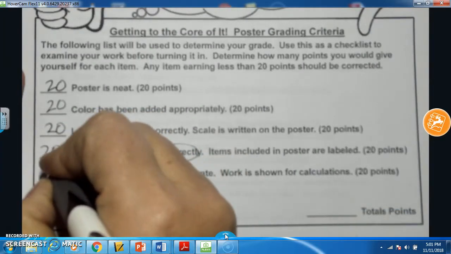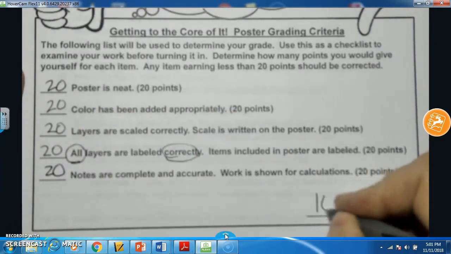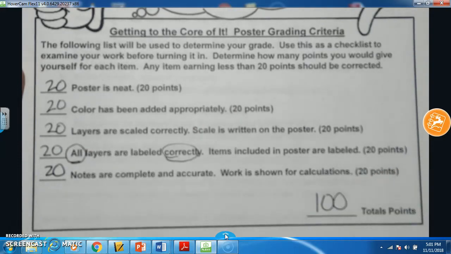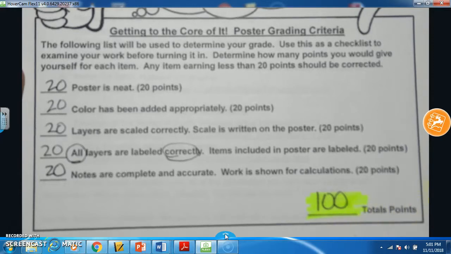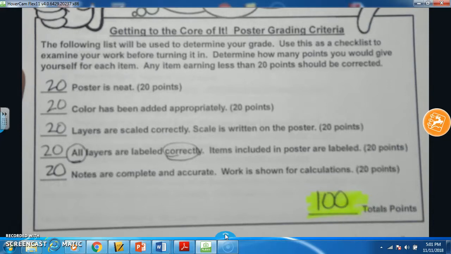Okay, so if everything is in order, that is a total of 100 points. The lab itself is worth 100 points. That's a lot of points. Not to mention, I will be taking individual grades on your calculation sheet as well as your note sheet. So this is potentially up to a 150 point lab.